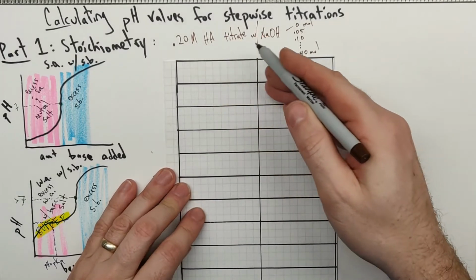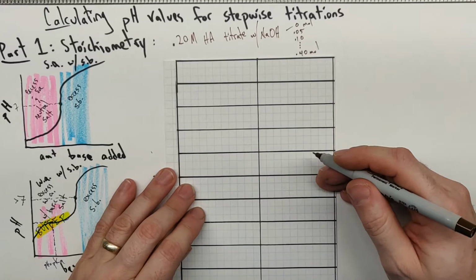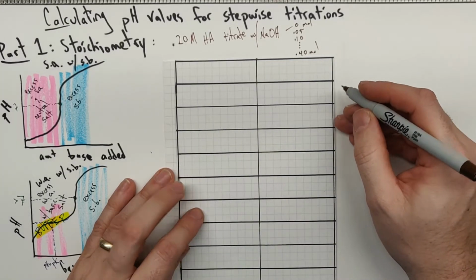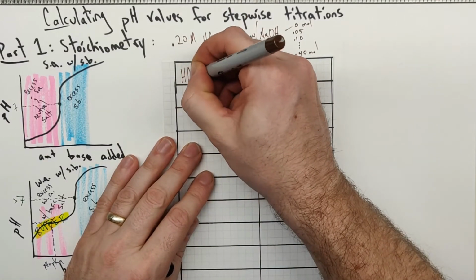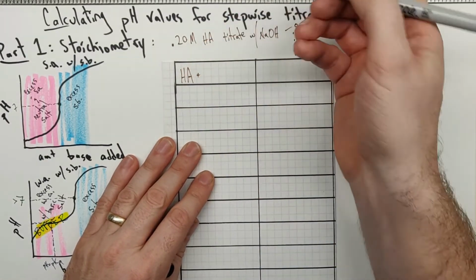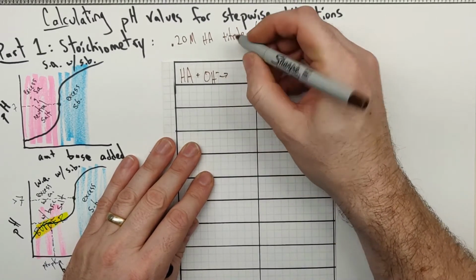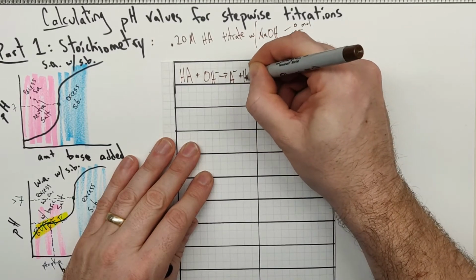When you have an acid and a base, it's essentially the same reaction every time. You don't necessarily get a pH 7 when you're done, but it is the same reaction every single time. And so that's going to be your acid plus your base, and if it's NaOH, we're only worried about the OH minus. It's going to give you, in this case, A minus plus H2O.